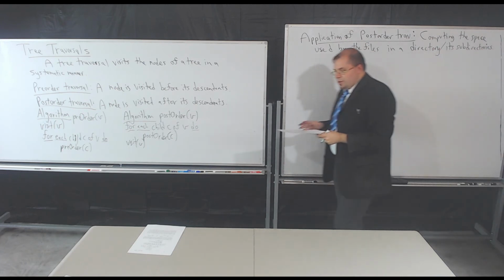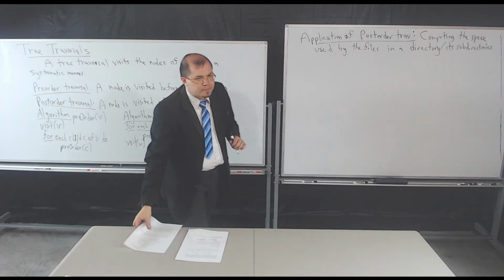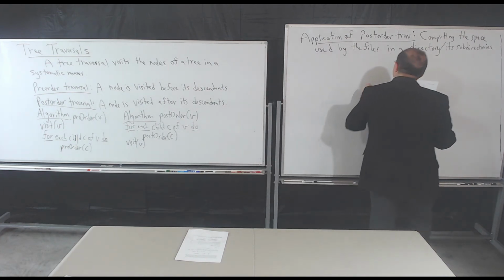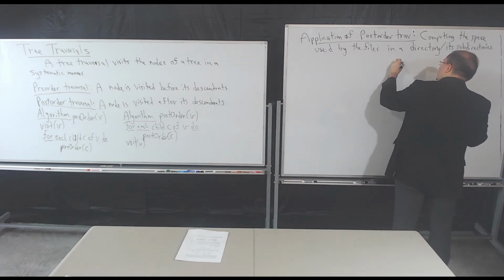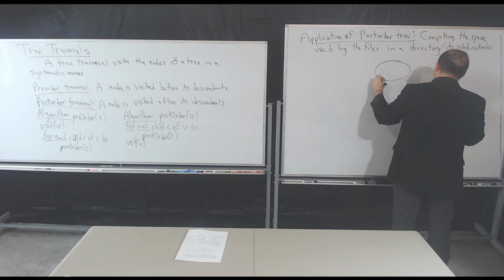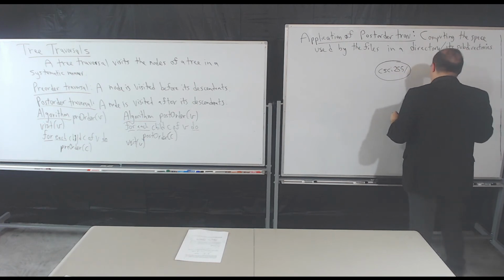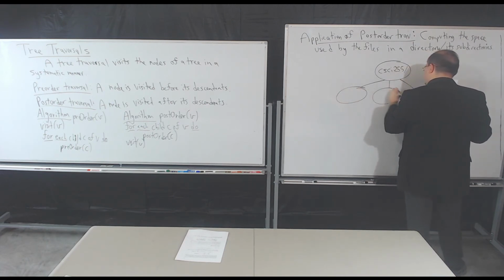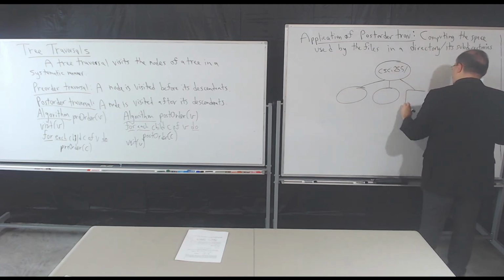So let me draw you a picture. Imagine I have my highest most directory being Seaside 255. And it has in its directory, let's say 2 folders and a file.